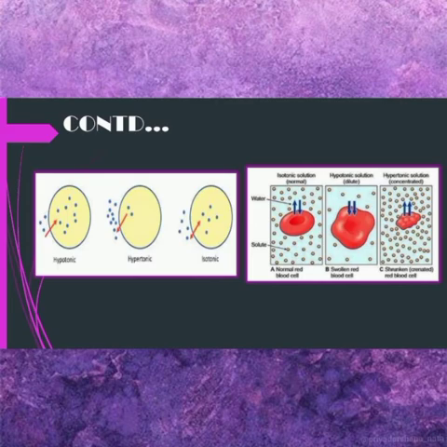In contrast, a solution that has a lower concentration of solutes than another is said to be hypotonic. Cells in a hypotonic solution will take on too much water and swell, with the risk of eventually bursting, a process known as cell lysis.